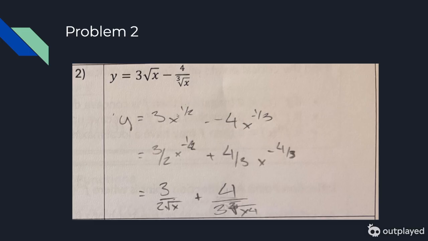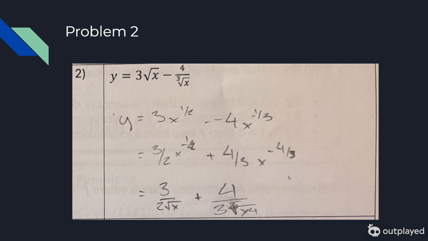So we multiply 3 by 1/2, so we get 3/2 x. We have to now subtract 1 from this exponent, so that 1/2 becomes negative 1/2. And the same thing on this side: multiply negative 4 by negative 1/3, that becomes positive 4/3, multiplied by x, subtract 1 from the exponent, negative 4/3.